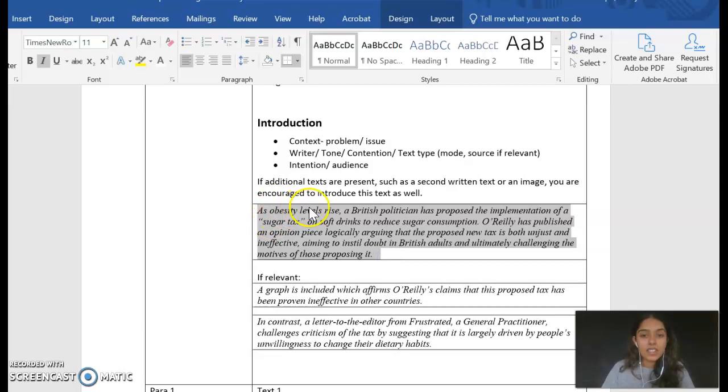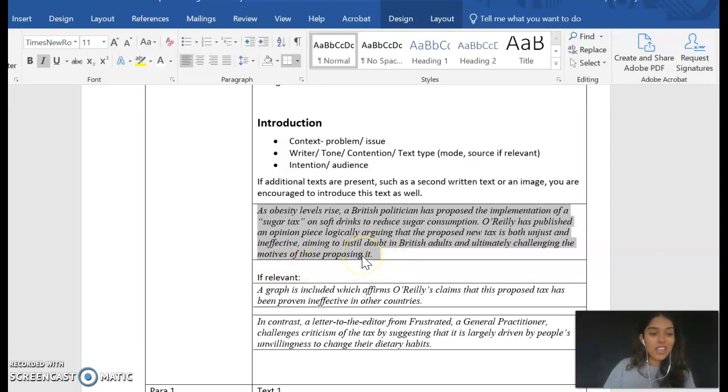This is a sample intro. As obesity levels rise, that's a bit of background information, a British politician has proposed the implementation of a sugar tax on soft drinks to reduce sugar consumption. O'Reilly, that's the author, has published an opinion piece, that's the form, logically arguing, that's the tone and the language, that the proposed new tax is both unjust and ineffective, that's the contention, aiming to instill doubt in British adults, the audience, and ultimately challenging the motives of those proposing it.